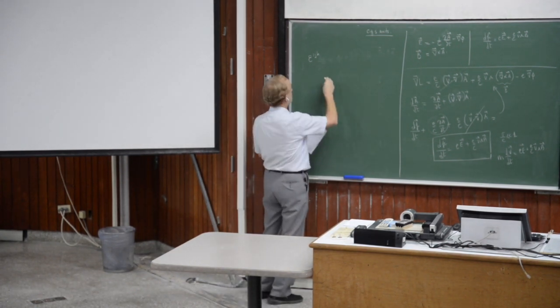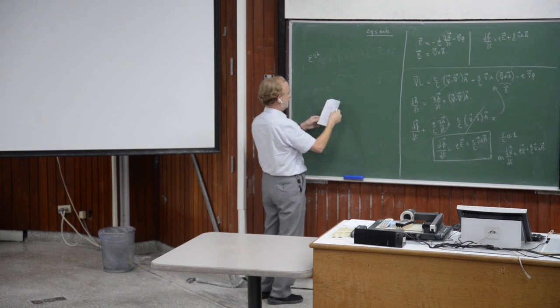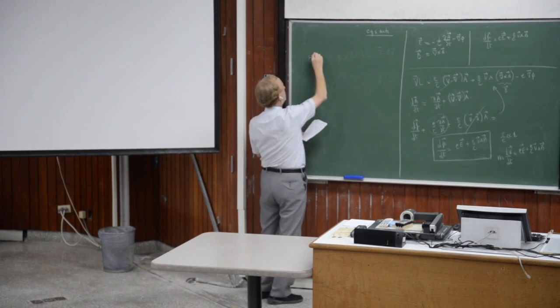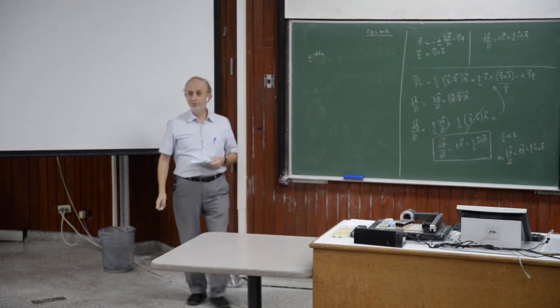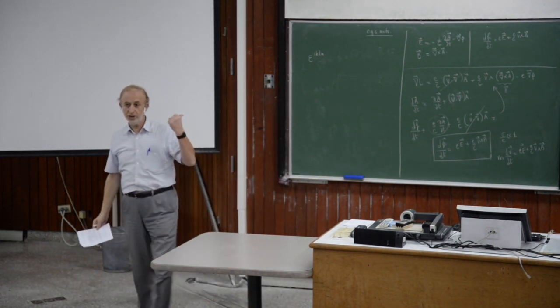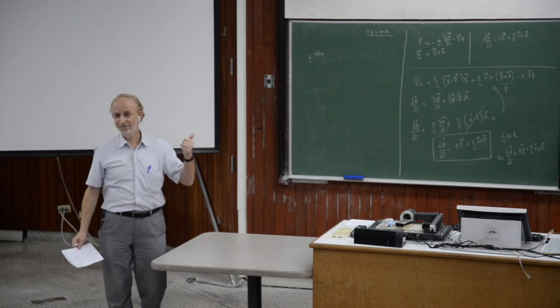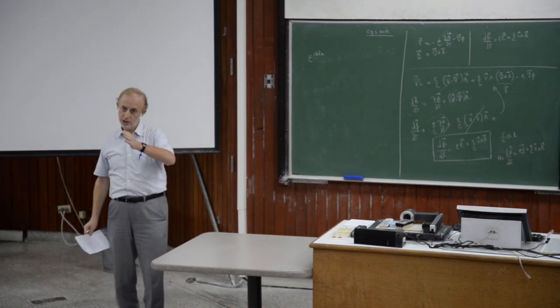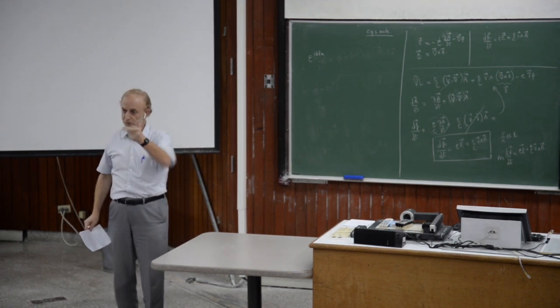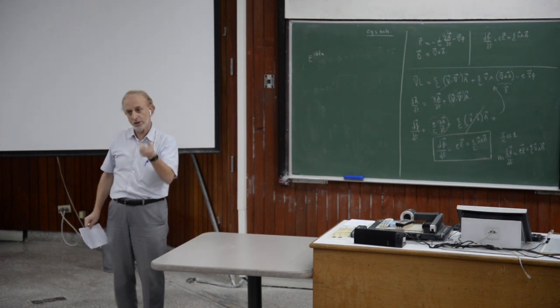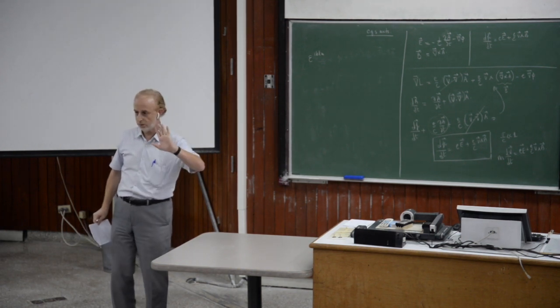Okay? I call it epsilon IKLM. Now these indices run from 0 to 3. So when you have 0, 1, 2, 3, it's 1. Any even permutation is still 1. Odd permutation is minus 1. Any two indices equal, it's 0.